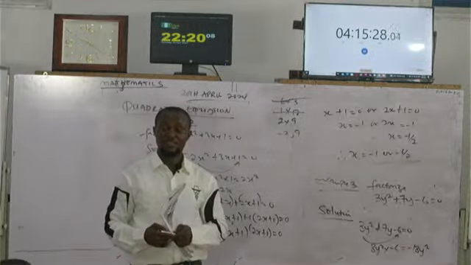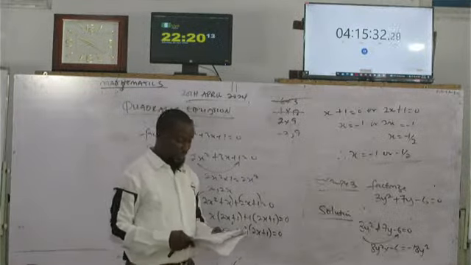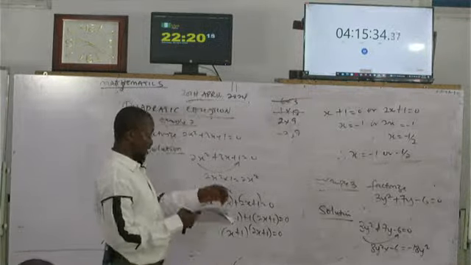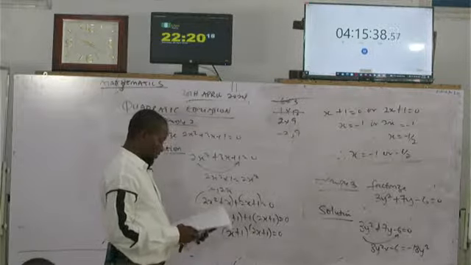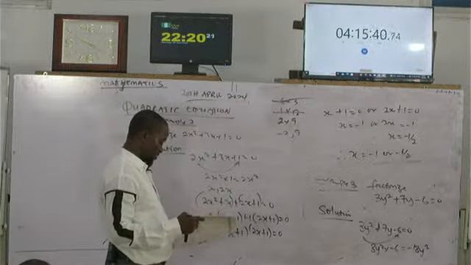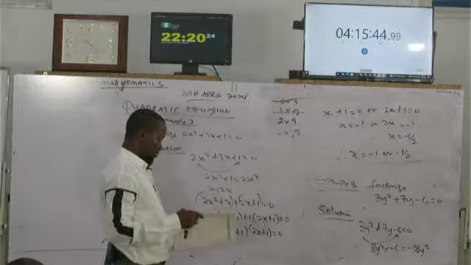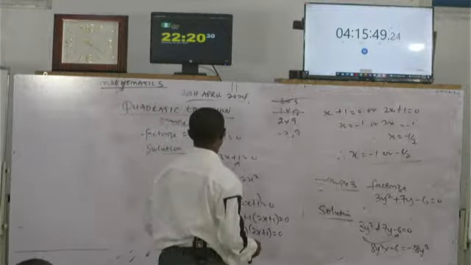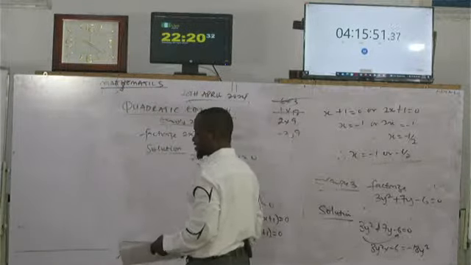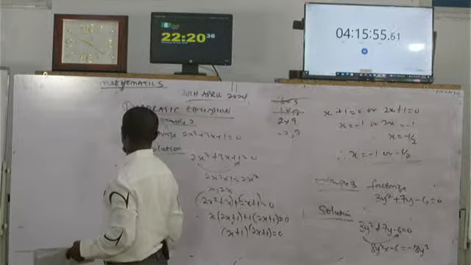So at that point, we've been able to get the values of y respectively. So if they give you two quadratic equations, you can use this and get the value of what they are looking for.